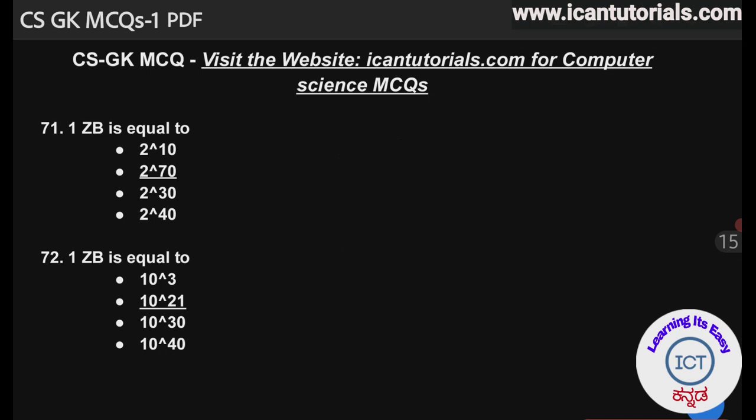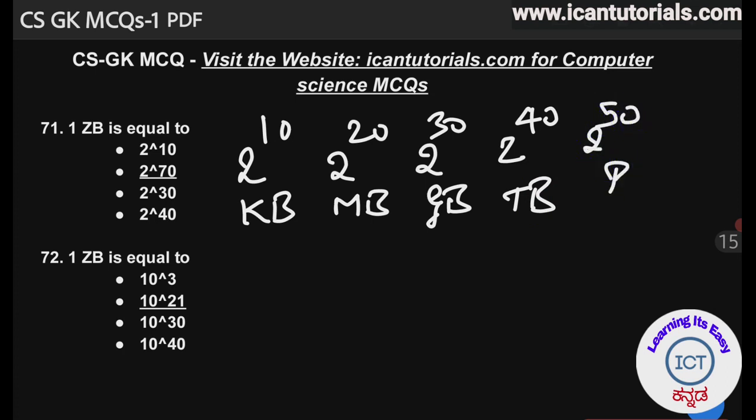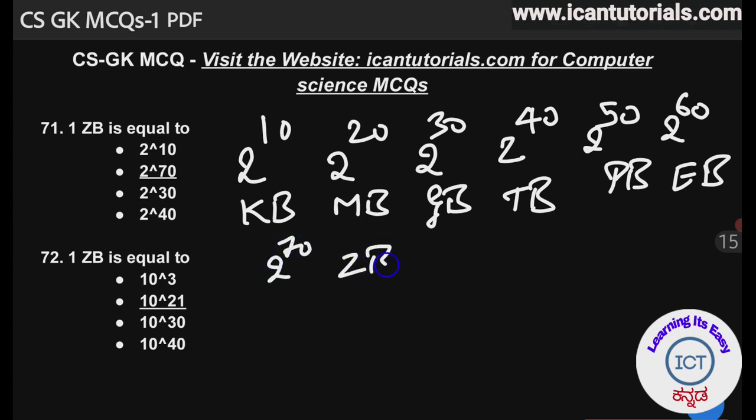We will start from kilobyte. 2 to power of 10 means kilobyte. 2 to power of 20 means megabyte. 2 to power of 30 is gigabyte. 2 to power of 40 is terabyte. 2 to power of 50 means petabyte. 2 to power of 60 is exabyte. 2 to power of 70 is zettabyte.